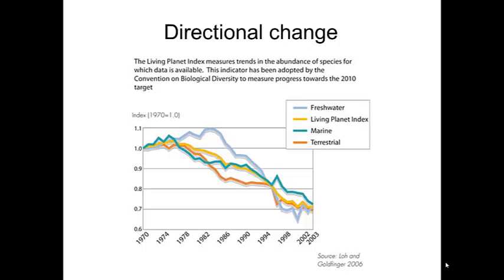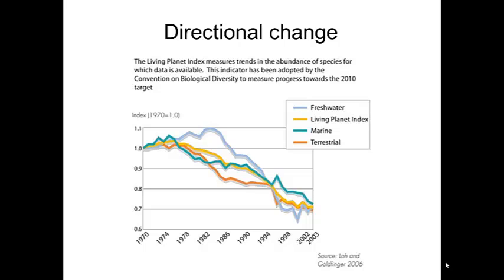This is a graph of what's called the Living Planet Index, which is collated by the Zoological Society in London. It's an index of the health of populations of plants and animals across the planet.